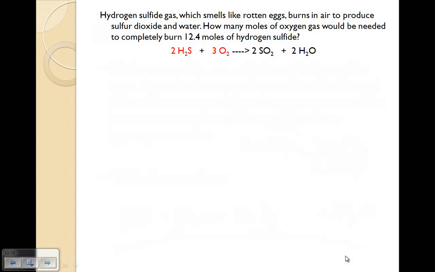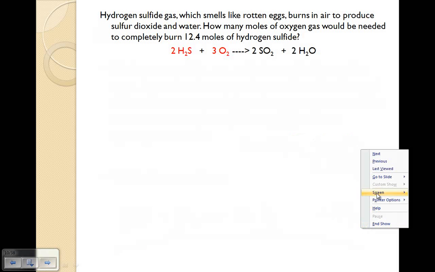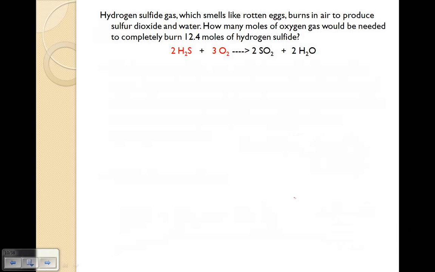Alright, I can also ask the question, how many moles of oxygen would be needed if I burn 12.4 moles of hydrogen sulfide? I know 2 moles of hydrogen sulfide requires 3 moles of oxygen.